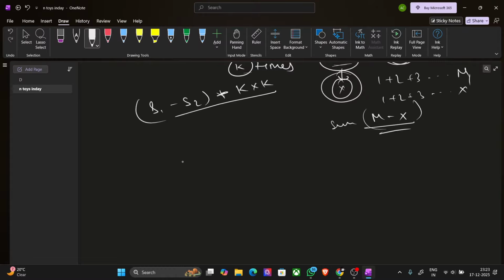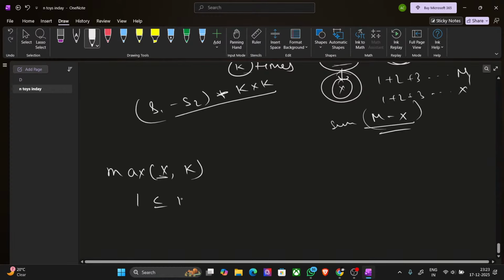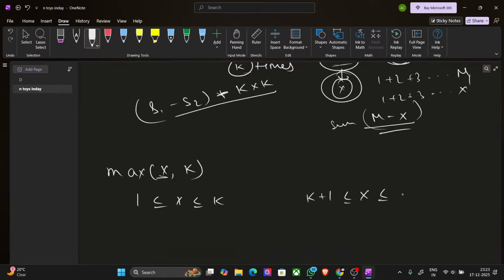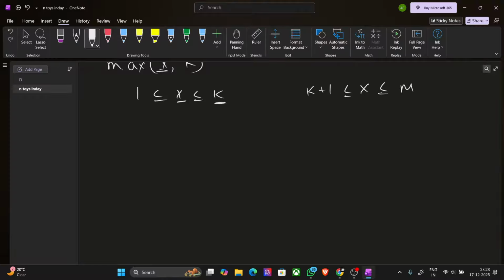If still not understood, let me make it clearer like this. Maximum of x comma k. Now consider x in these two ranges. Now when x is less than k, how many times will x come as the maximum of x and k? Zero times. Every time k will appear as the answer.